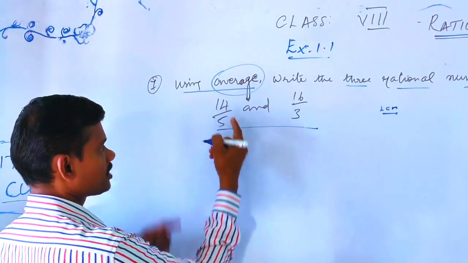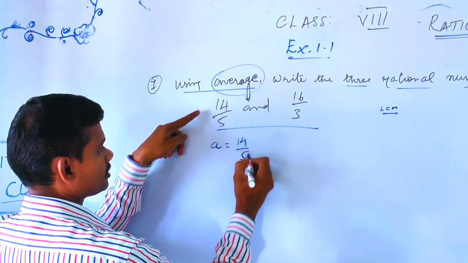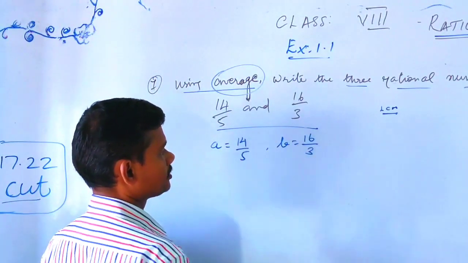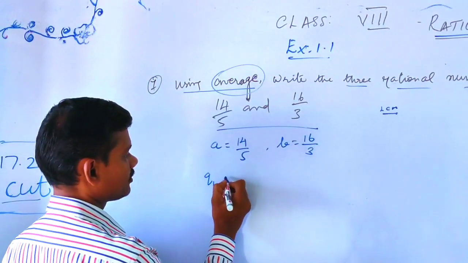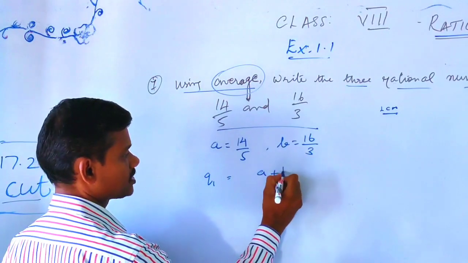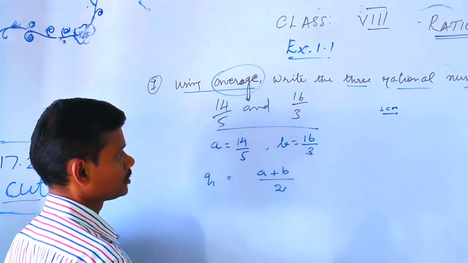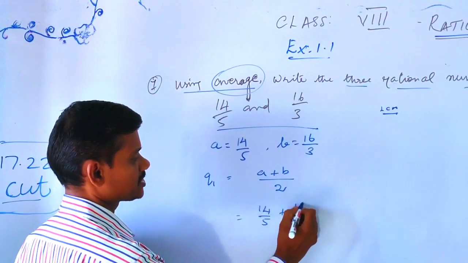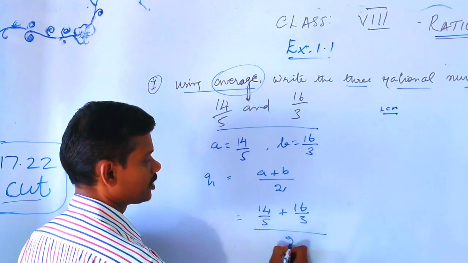Here I am going to assume the first number as A and the second number as B, 16 by 3. Now I am going to find the first rational number Q1. For that the formula is (A plus B) by 2. Here I am going to add those 2 numbers. (14 by 5 plus 16 by 3) whole divided by 2.